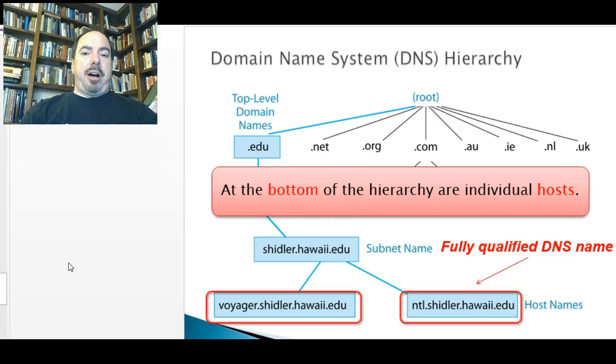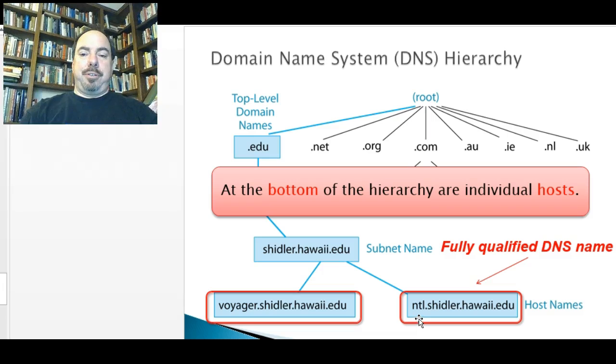At the very bottom of the hierarchy is the actual host name. So again, if you do an ipconfig, it'll tell you your host name. If you type in the command hostname, it will tell you your host name at the command prompt. And the host name is what's at the very beginning of the full domain name.